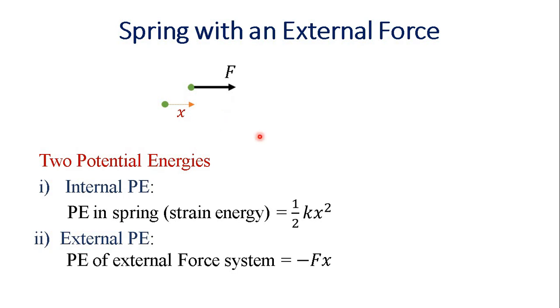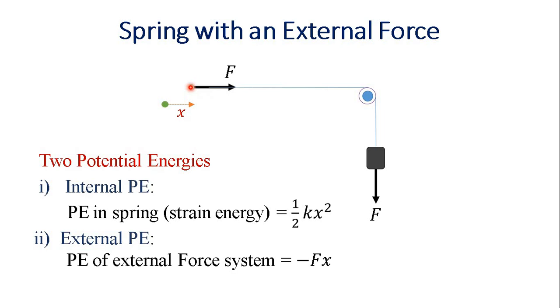If you are not able to visualize the external force system, or what is causing this force, where this potential energy comes from, then I can with a little extension make it clearer. This is a pulley, and in this figure we can see that this force F is nothing but the weight of this body, that is in a gravitational field, right? So when this node gets displaced to the right, we know that the potential energy of this force system gets decreased, right?